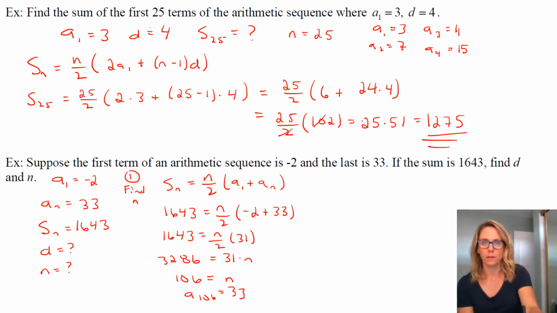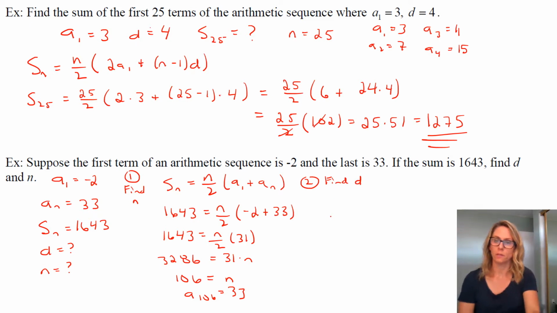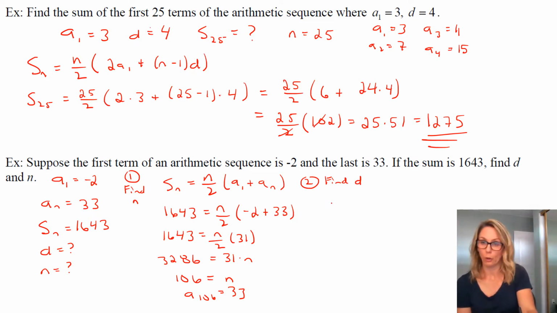Now that we have this, we can find the difference. Now finding d might be easier than you think, depending on how hard you think it is. But we remember that a sub n for any arithmetic sequence is just a sub 1 plus n minus 1 times d.